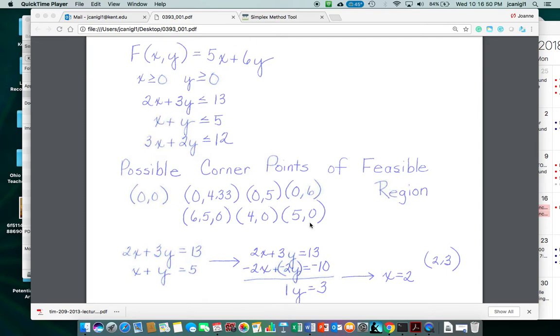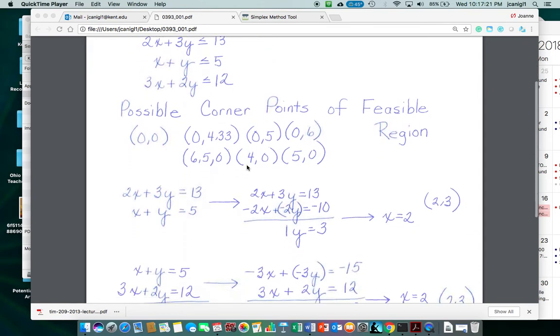If I put 5, 0 in this last equation, I won't get a true inequality. And the same thing goes with this. So I have a lot of possibilities, but now I have to narrow them down. And 2, 3 and 0, 0 also can be listed because they satisfy every single one of them.